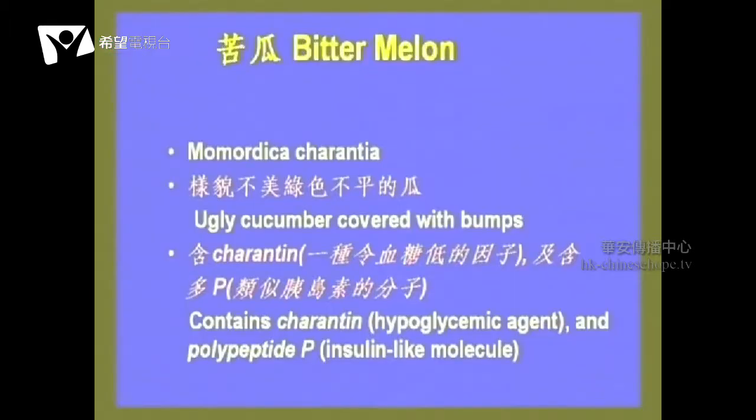This polypeptide P is a substance that is very similar to insulin and can help people that have diabetes. This is very important, because people that eat bitter melon every day and have diabetes have to tell their doctors that they are using this kind of food.